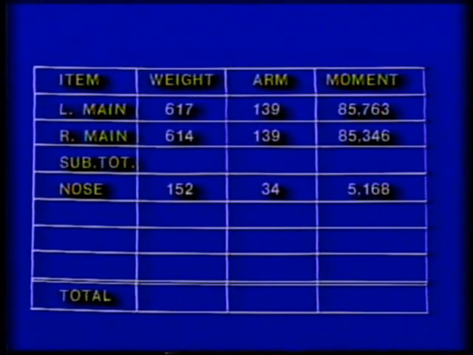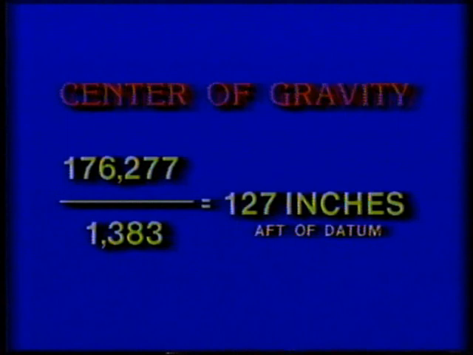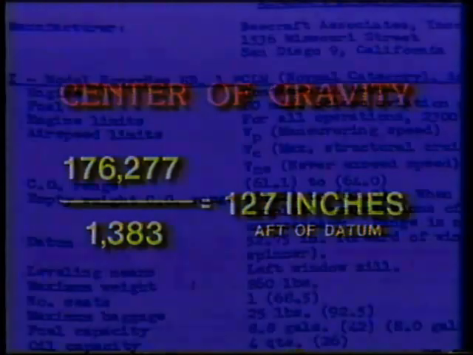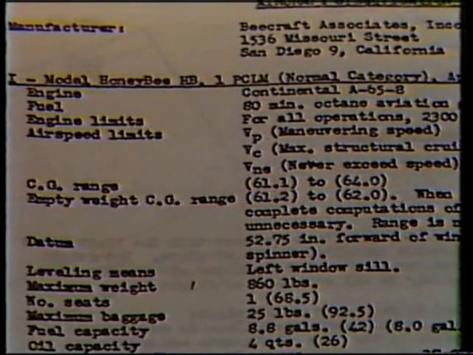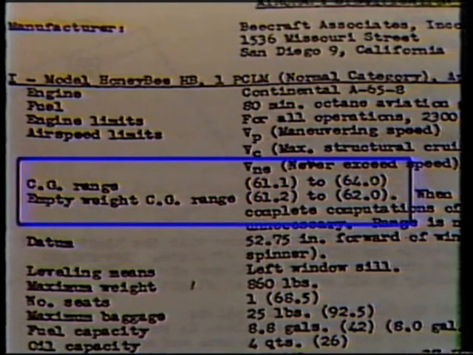Again, add the weights to find the total weight and add the moments to find the total moment. Divide the total moment by the total weight to find the center of gravity, 127 inches aft of the datum. In this example, our aircraft has a center of gravity range of 61.2 to 62 inches.